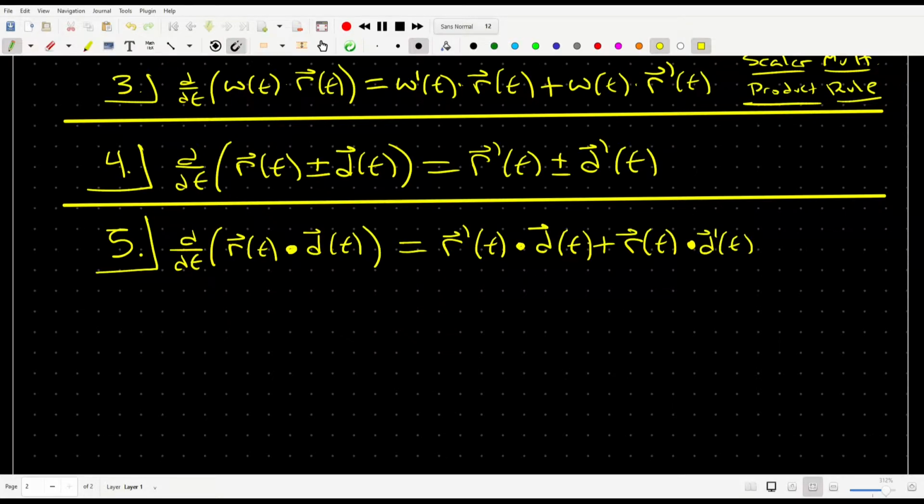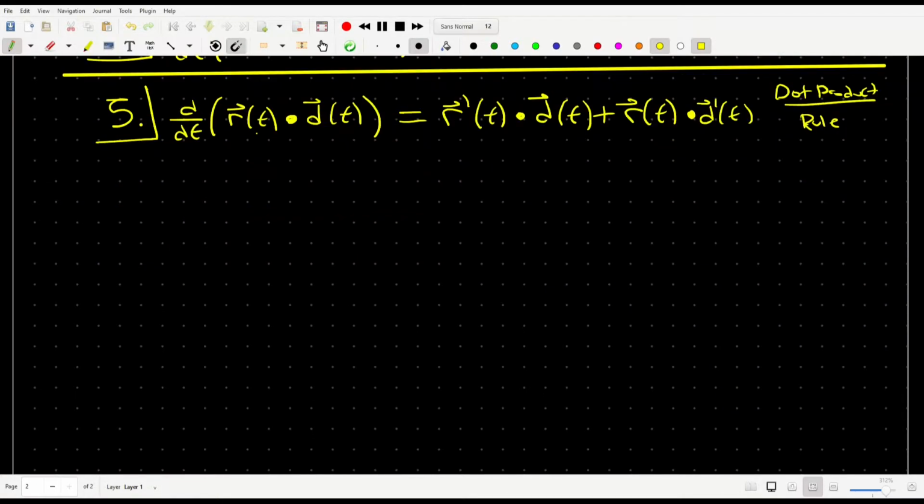Or this is the vector dot product between parametric curves. I call this the dot product rule because it's the product rule, but for the dot product. This one was the sum difference rule.